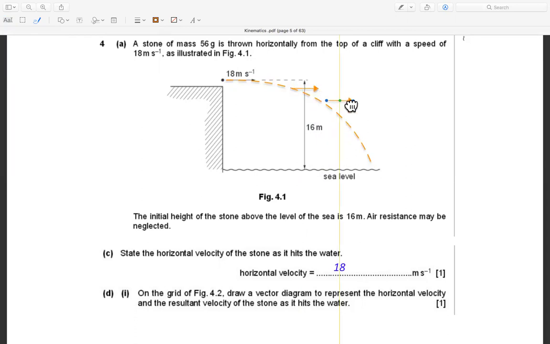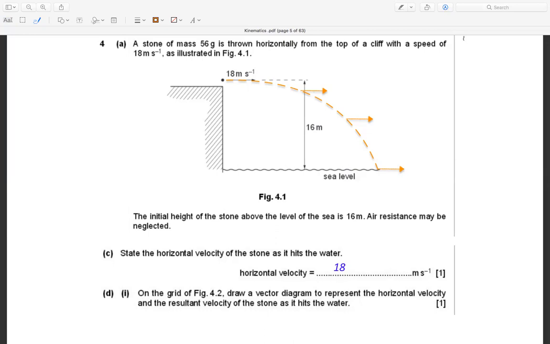Every single point is same. And what about vertical velocity?